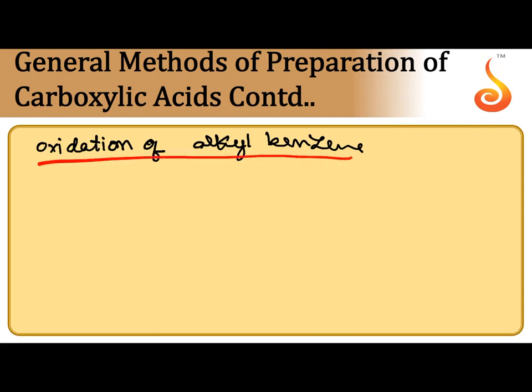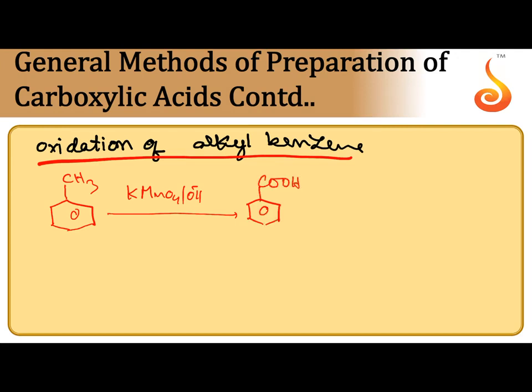Next one, oxidation of alkyl benzene. When alkyl benzene is subjected to oxidation followed by acidification, with reagents like Baeyer's reagent, alkaline potassium permanganate, the CH3 group will be oxidized to COOH. Benzoic acid is obtained.